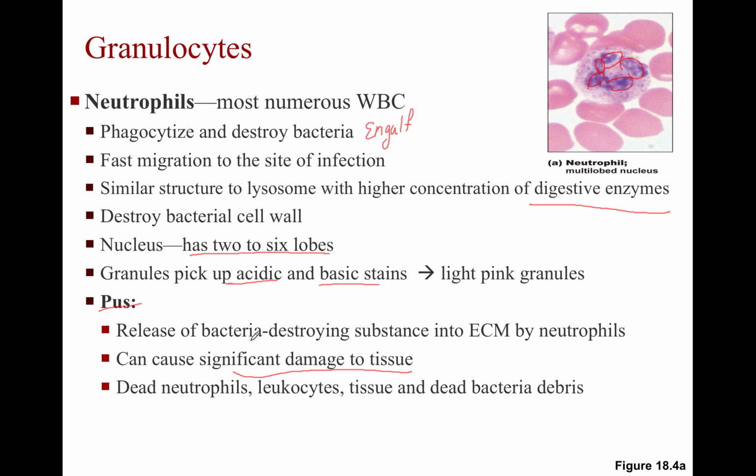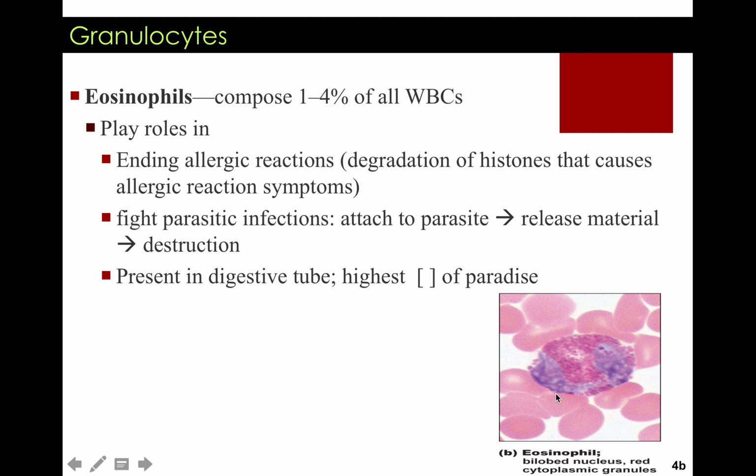So by the time the job of the neutrophils is done, what is released as pus is going to be the neutrophils, other categories of leukocytes, and any tissue or bacterial debris that is left on the site of infection. And that's what gets released as pus.